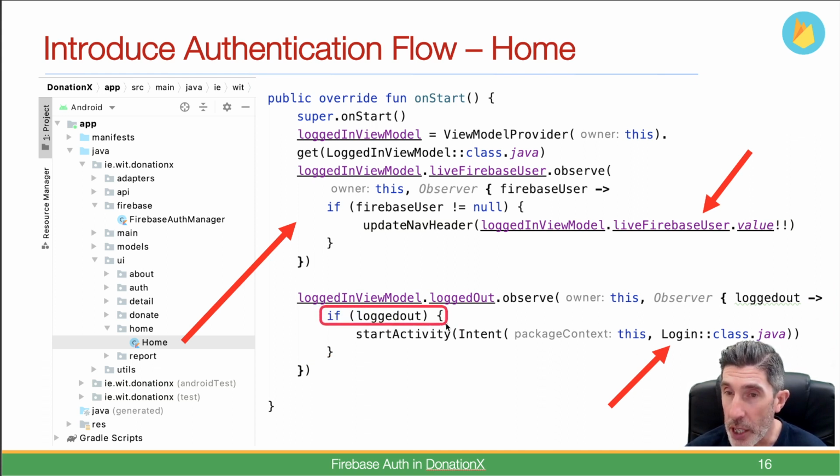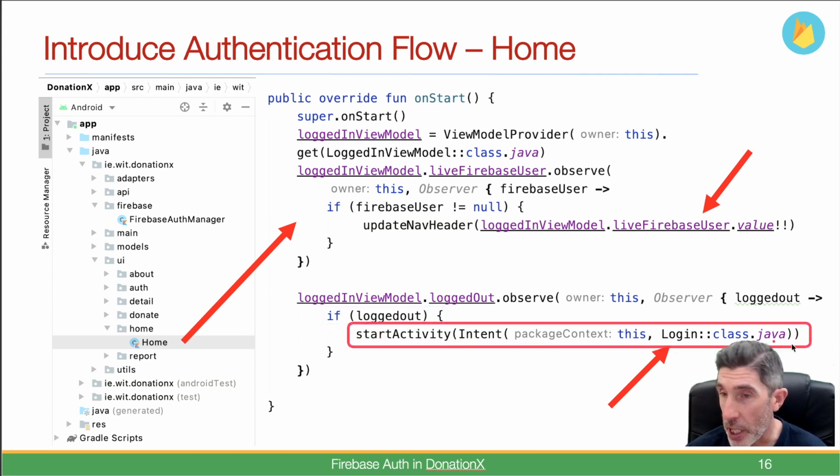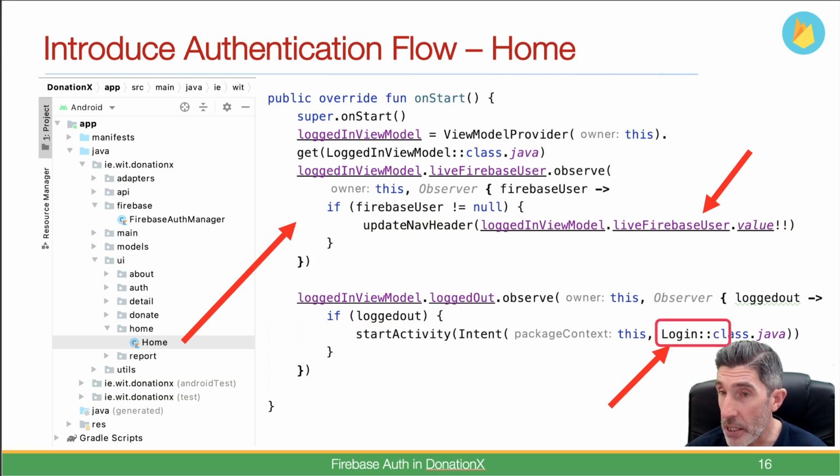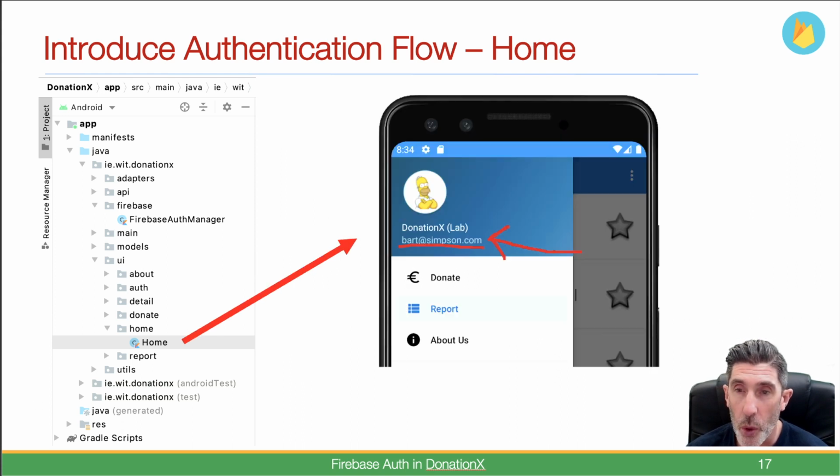So if logged out is true, we take them straight back to the login screen. If you want to take them somewhere else, you can, but in this particular example, I'm just taking them straight back to the login screen. Okay.